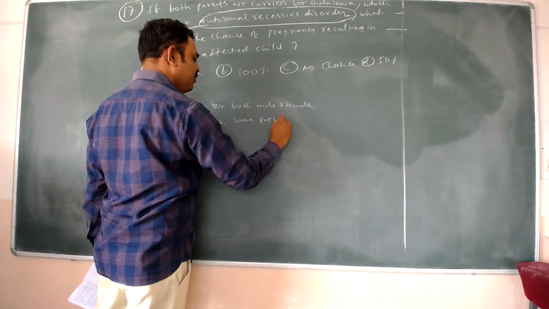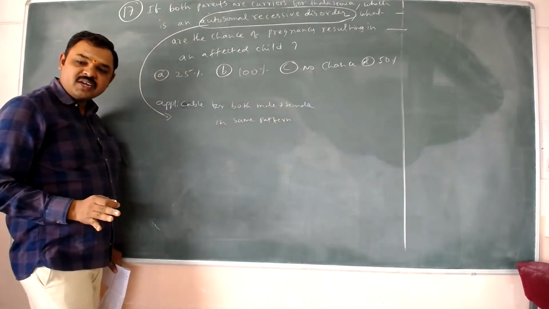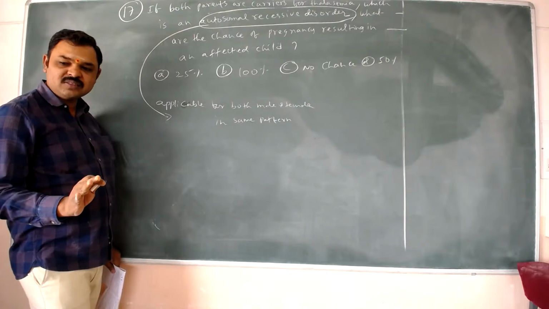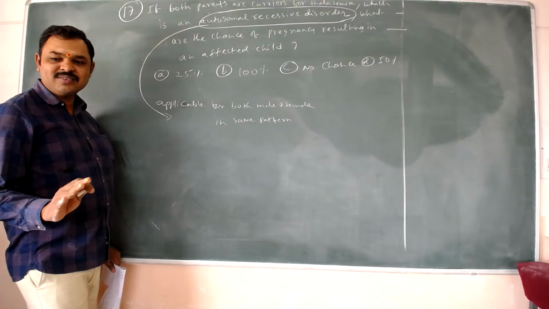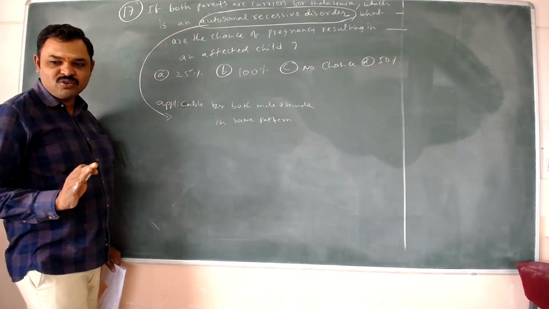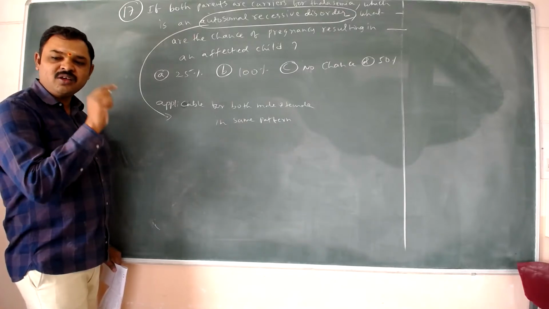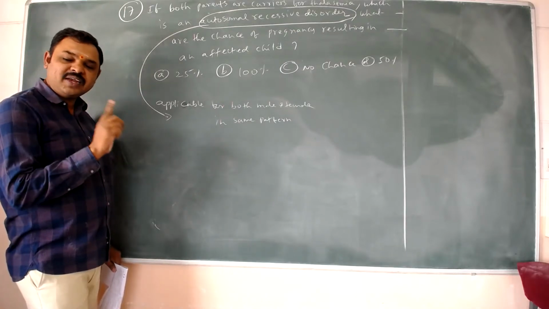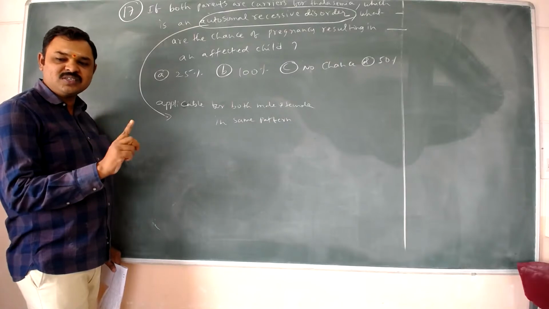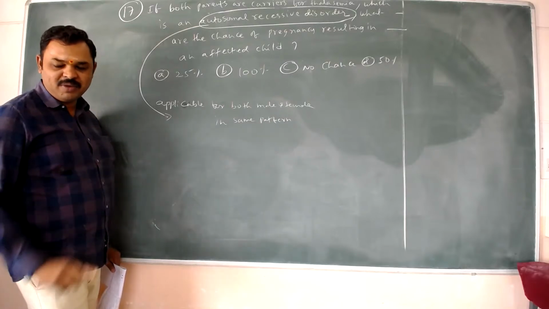The pattern of inheritance of autosomal disorders is common for both male and female. This is not X or Y linked. It is not a sex chromosomal disorder. In the given question, they mentioned autosomes. The inheritance pattern of autosomes is the same in both male and female.